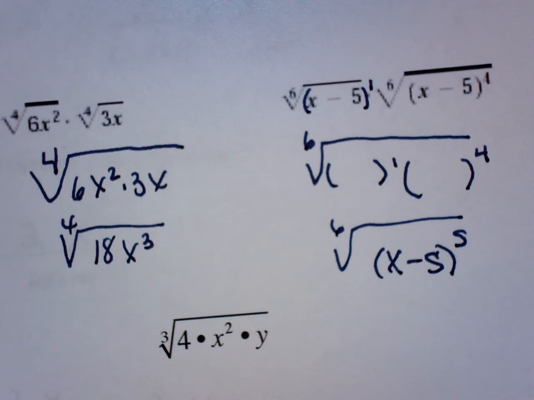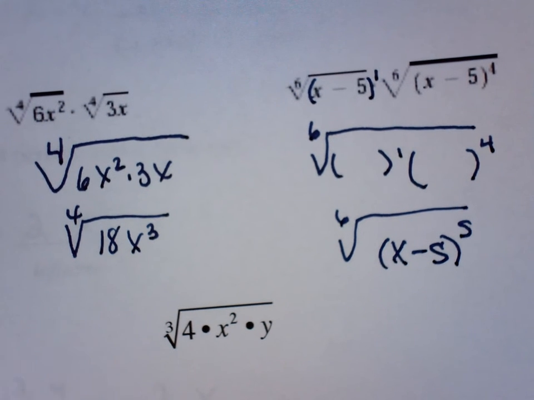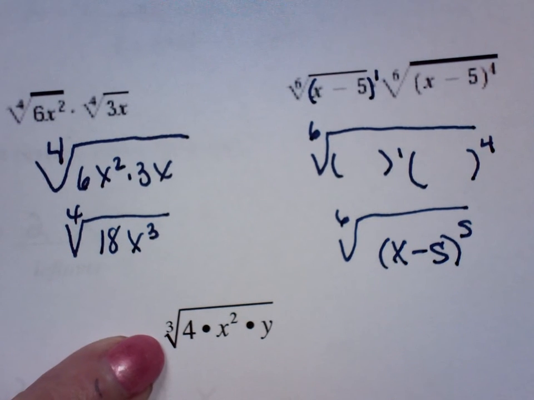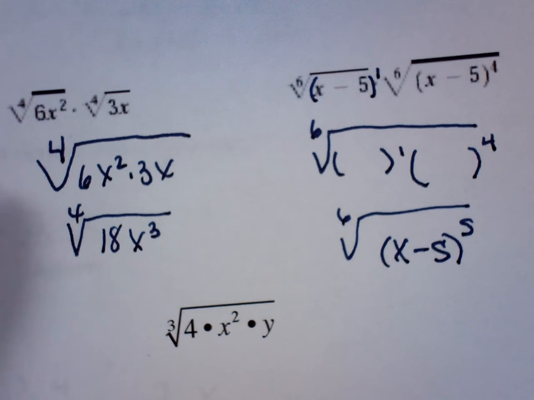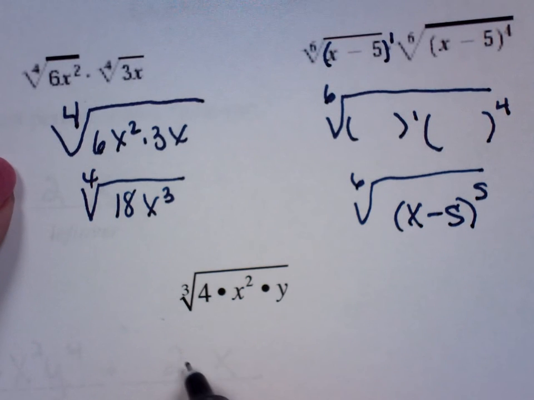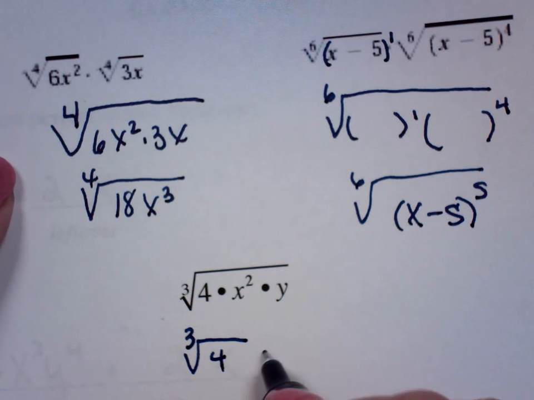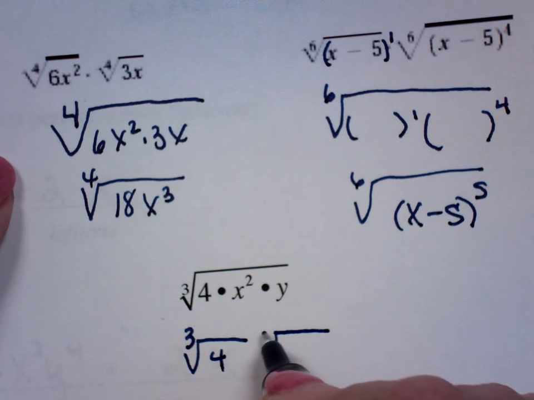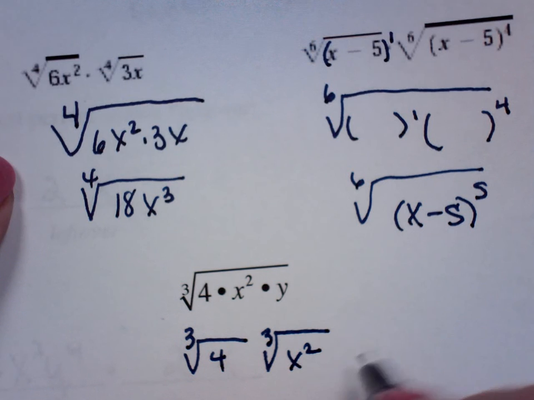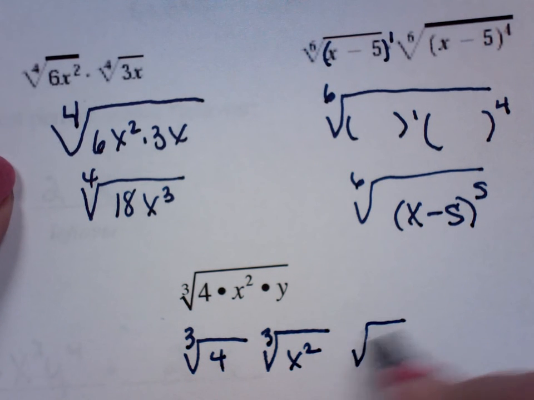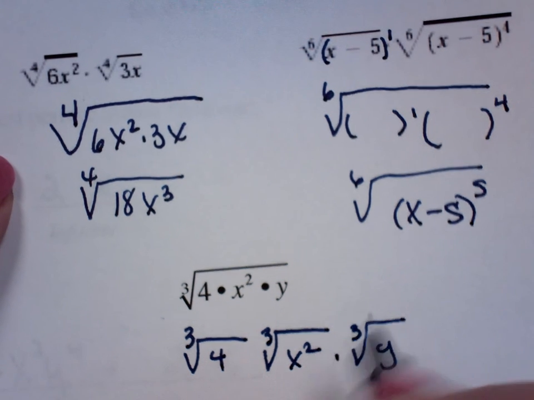Now, what can be put together can be taken apart. So if I look at this one and say it is the cube root, I can take it apart across multiplications. This is the cube root of 4 times the cube root of x squared times the cube root of y.